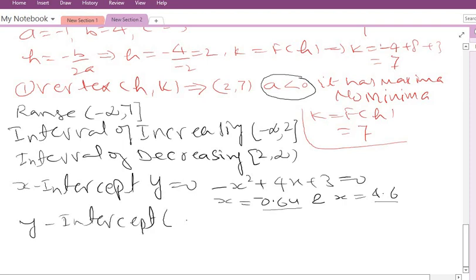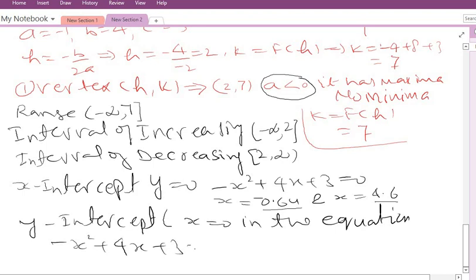And y-intercept means put x equal to 0 in the equation. What is the equation? Minus x square plus 4x plus 3 is equal to y. So x is equal to 0, and this becomes y is equal to 0 plus 3.